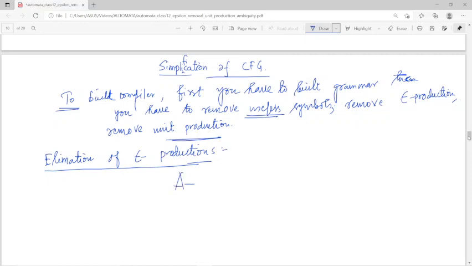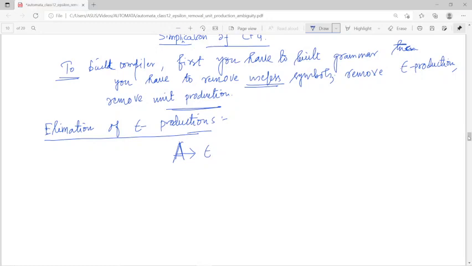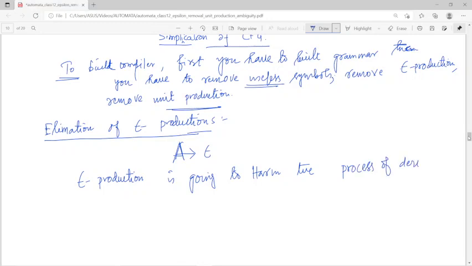It means when A is a non-terminal and you get epsilon. The epsilon production is going to harm the process of derivation, because you cannot track the length of the string, as you saw in the previous class.